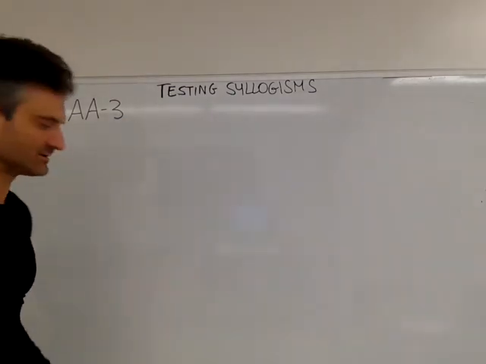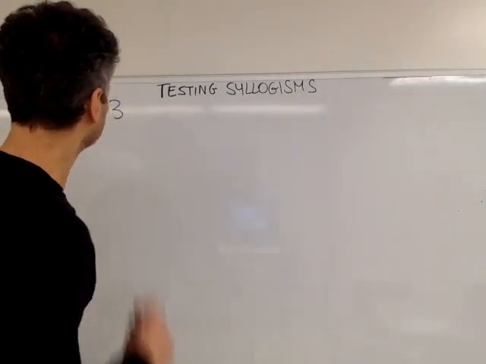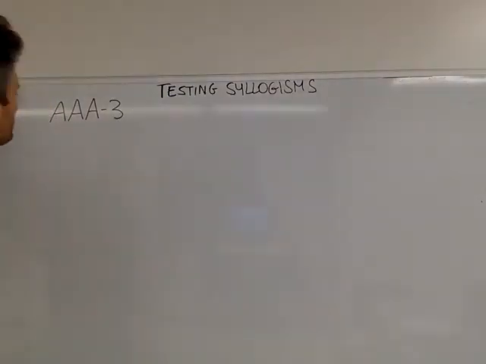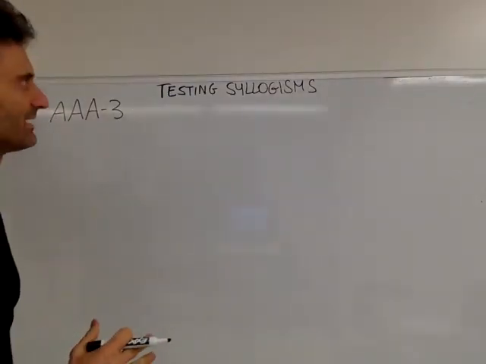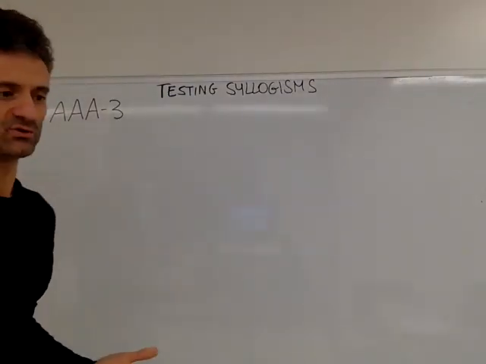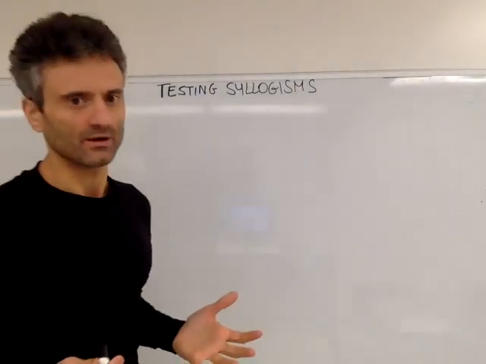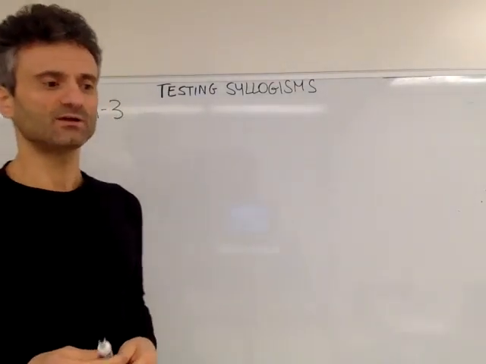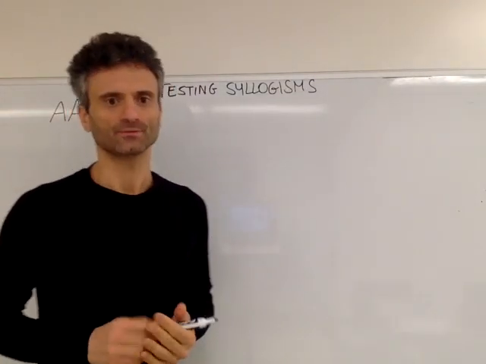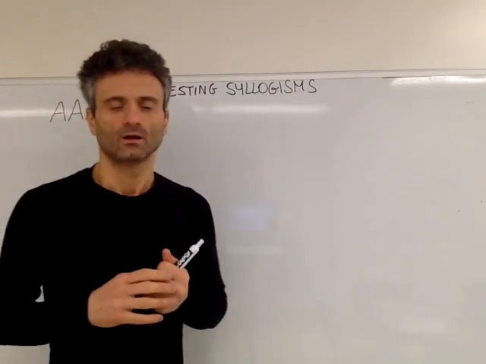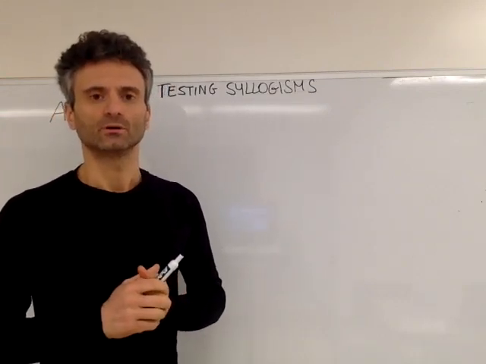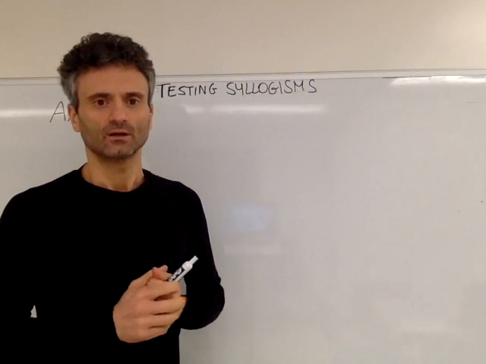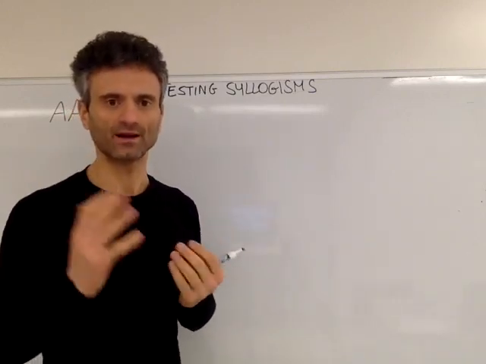How do we test it? Not taste it. Test it. We test it by using Venn diagrams. Now, here's the interesting part. We diagram a statement. A statement has a subject and a predicate.